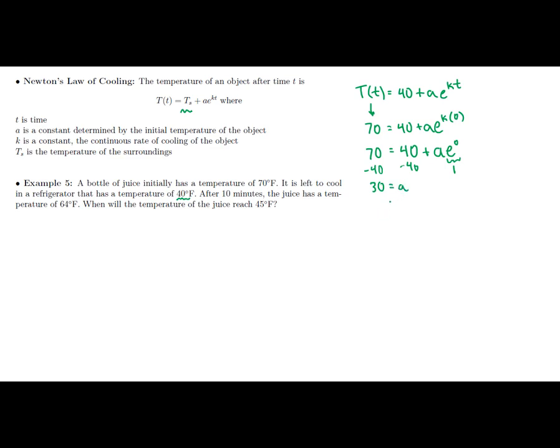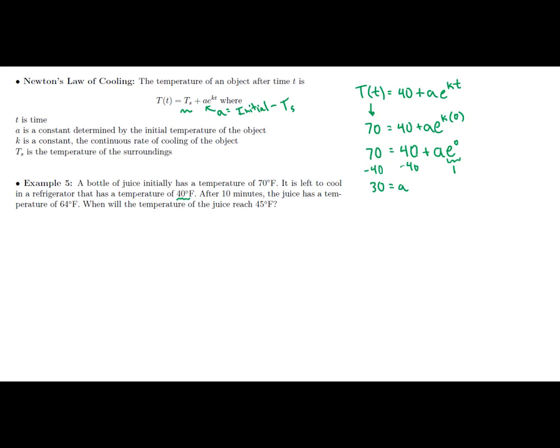So that's good. We've made some progress there. Now, if we are a little observant here, notice that A ends up being your initial temperature minus the temperature of the surroundings. So it's the difference between those. So what you could do is just make a little note that A is equal to the initial temperature minus the temperature of the surroundings, okay?